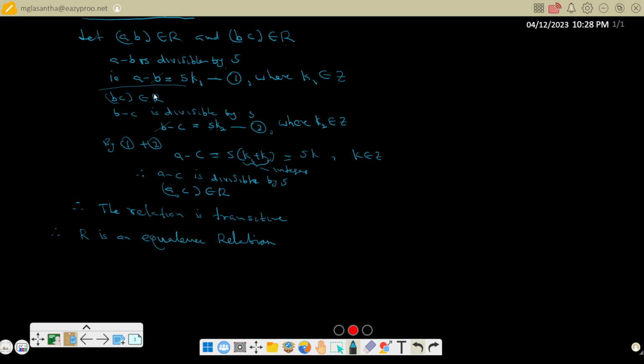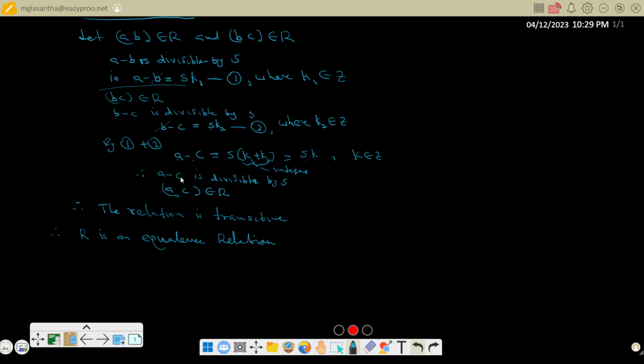Then minus b plus b get cancelled. We only remain with a minus c. On the right hand side you can take 5 out, 5 times k1 plus k2, which is 5k. Right? K1 plus k2 is also an integer because k1 is an integer and k2 is an integer. The sum of two integers is also an integer. Therefore, it's 5k.